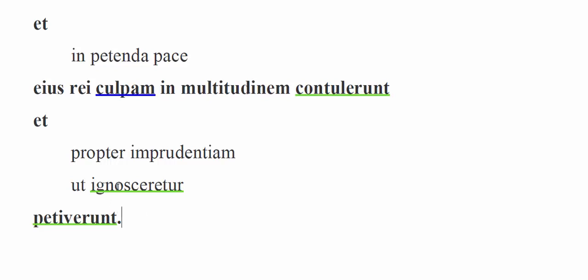This ut ignosceretur is technically an indirect command, if we were thinking about it grammatically, because it is what they are seeking or asking Caesar to do. You could read it as a purpose clause if you like. All indirect commands are purpose clauses, roughly speaking. So they were seeking that Caesar pardon them for this rash decision.